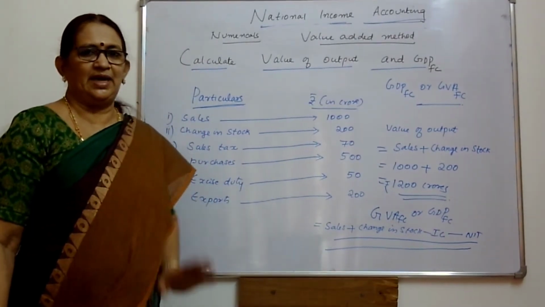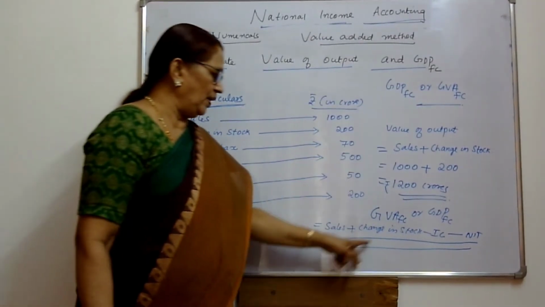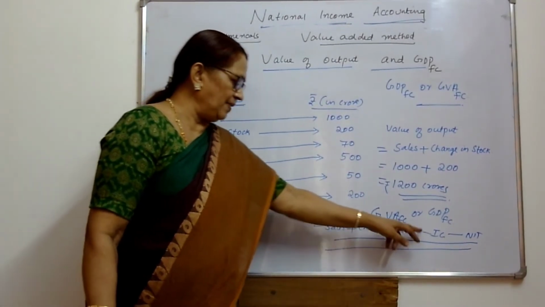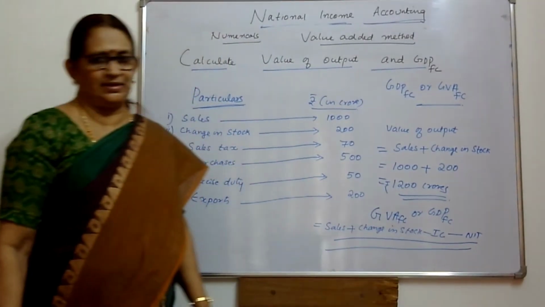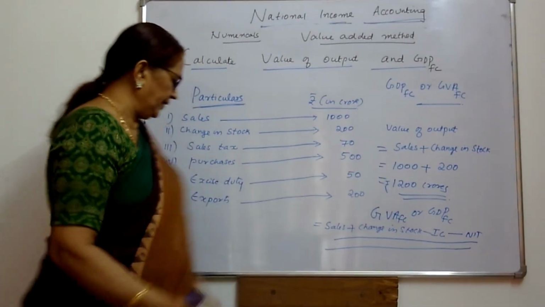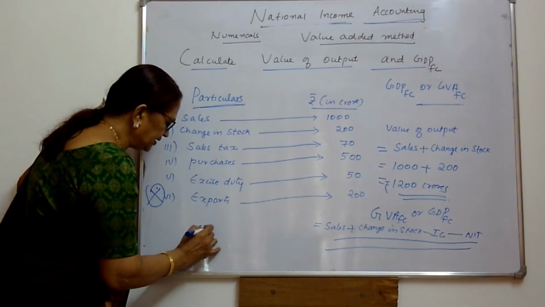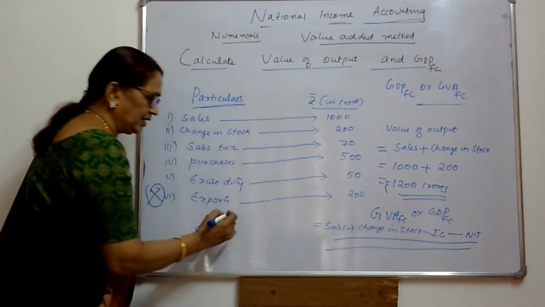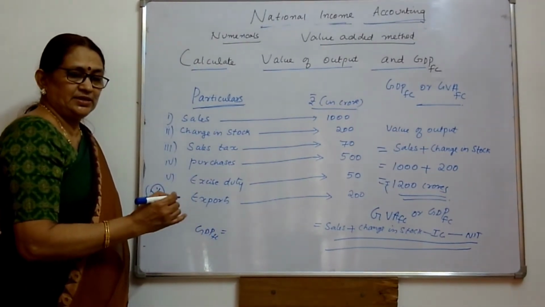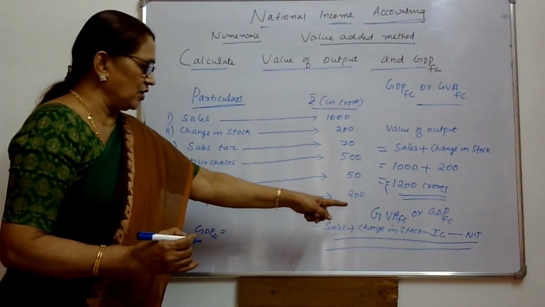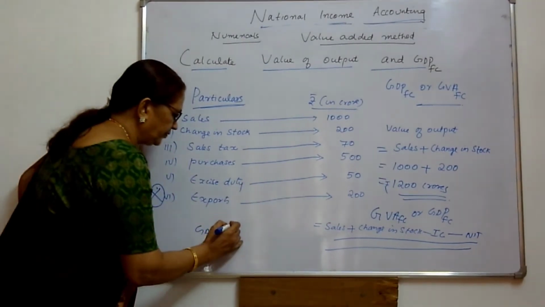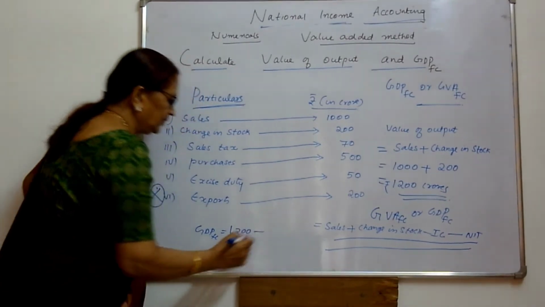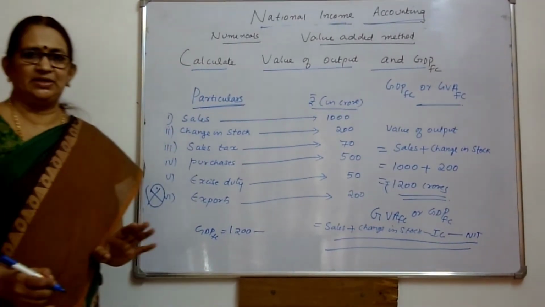Now we have to just enter the values. We already know the value of sales plus change in stock, or value of output, minus intermediate consumption minus net indirect tax. So GDP at factor cost is equal to sales plus change in stock, which is value of output, 1200, minus intermediate consumption, that is purchases.